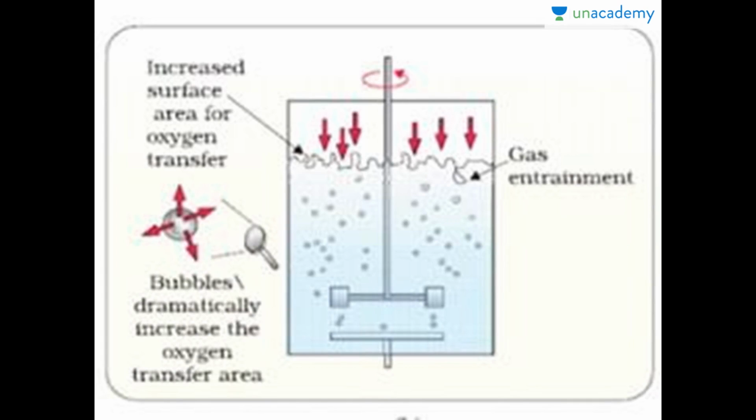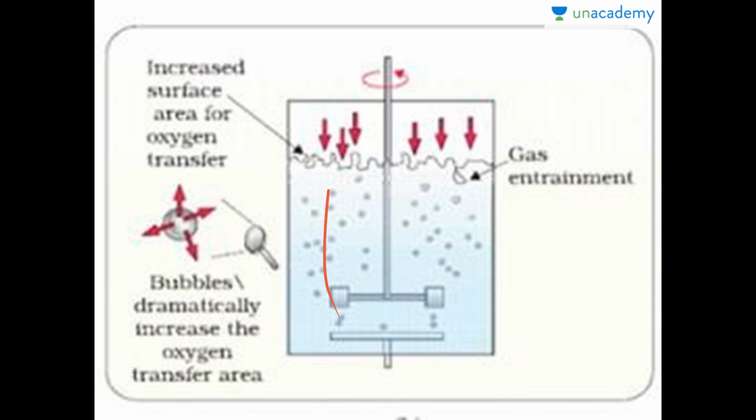In this, this is the broth, and gas is produced. The bubbles dramatically increase the oxygen transfer area. This is the impeller which rotates the media, and from here the oxygen or gas is passed. The oxygen and air are supplied so that the mixture gets mixed easily.